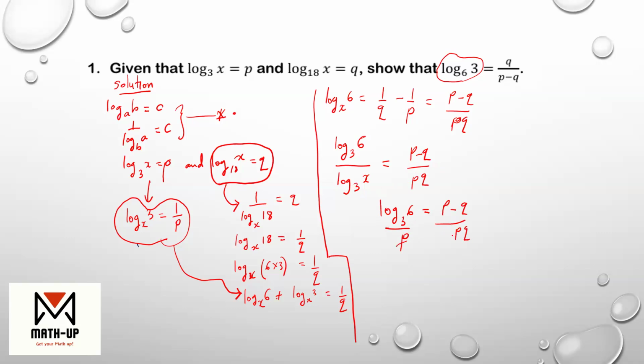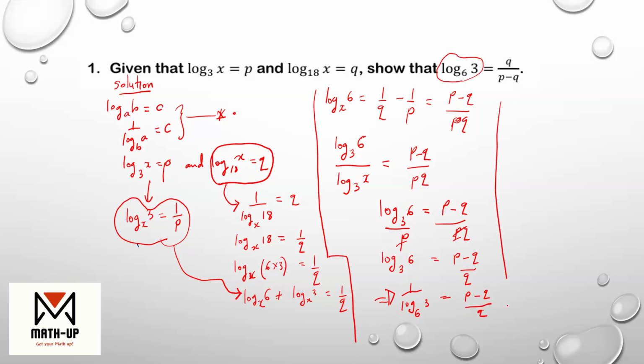So these two will have to cancel out, and we'll remain with log of 6 to the base 3 being equal to p minus q over q. That in turn can be written as 1 over log of 3 to the base 6 is equal to p minus q over q.